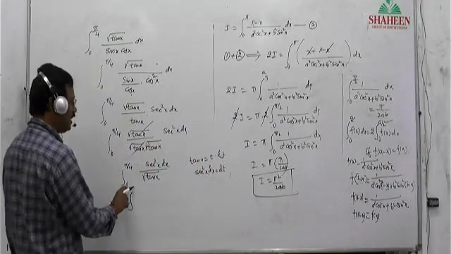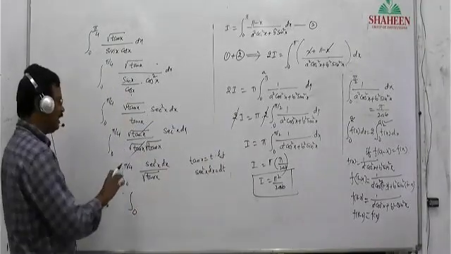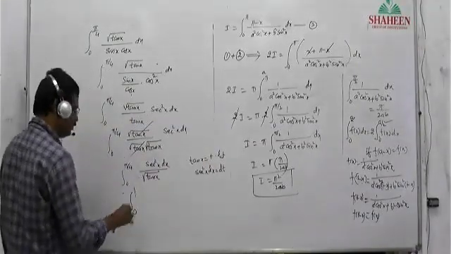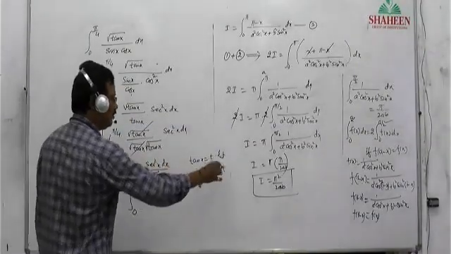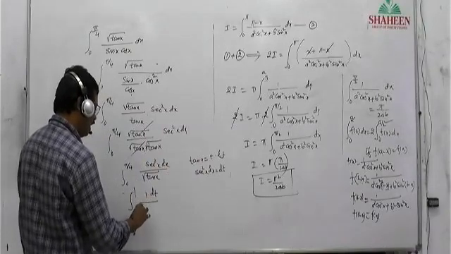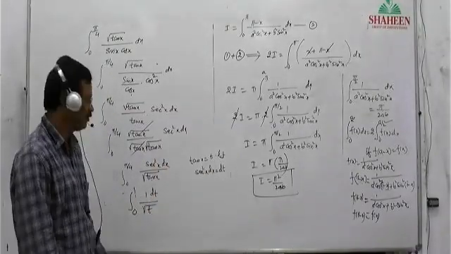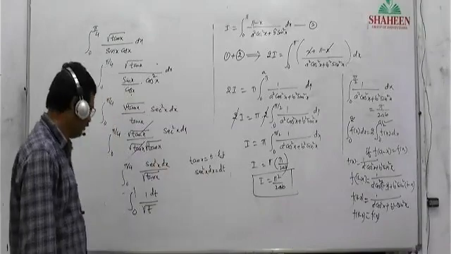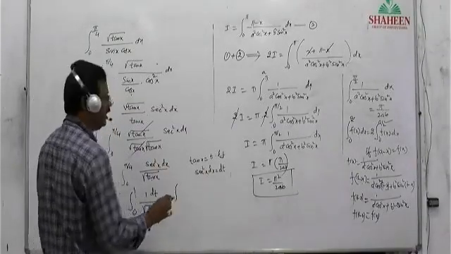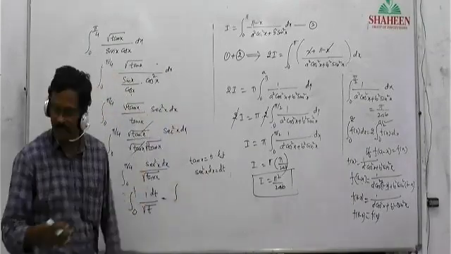When x equals 0, tan 0 is 0, so t is 0. When x equals pi by 4, tan pi by 4 is 1, so t is equal to 1. Sec square x dx is dt, and 1 by under root of tan x is nothing but 1 by root t. Is it okay, everyone? Very simple. Now, what is the integral of 1 by root t? How do we find the integral of 1 by root t?